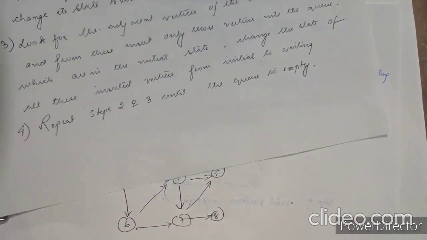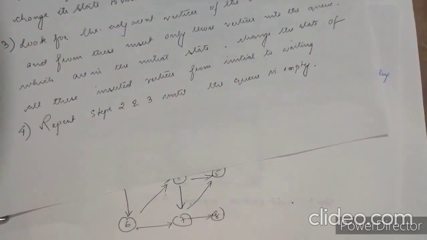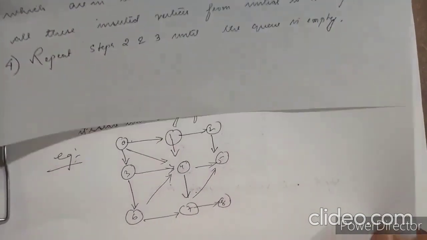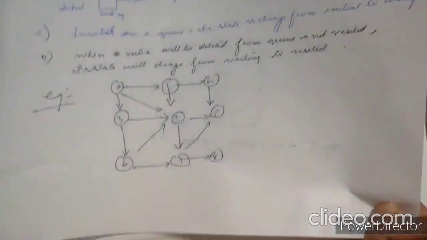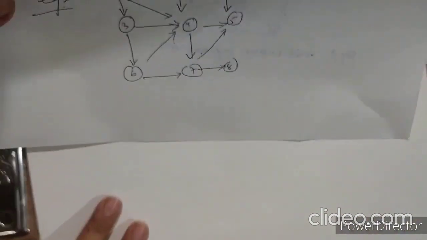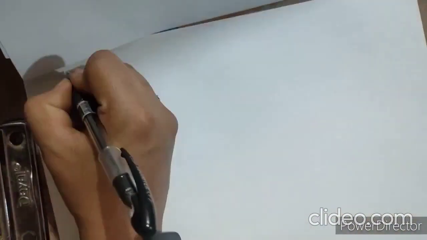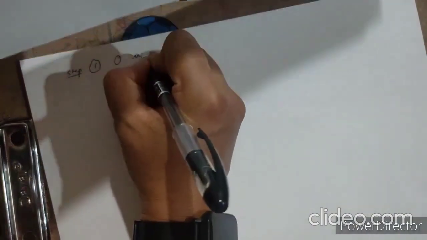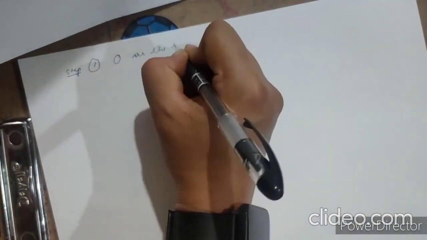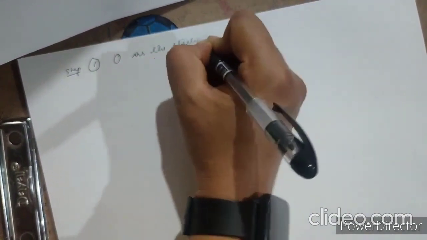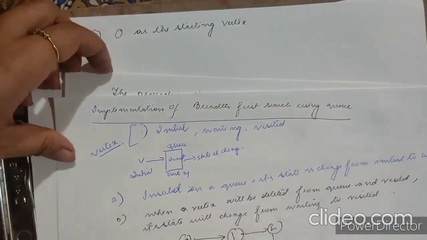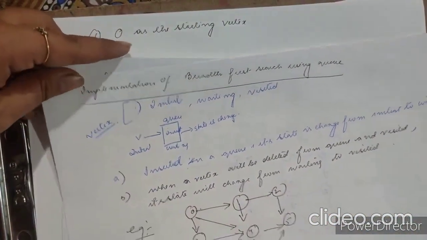Okay, so this is my graph here. Let's start solving this. Let us take 0 as the starting vertex.